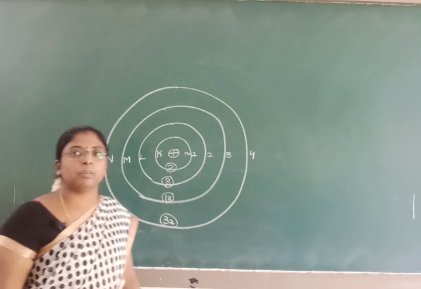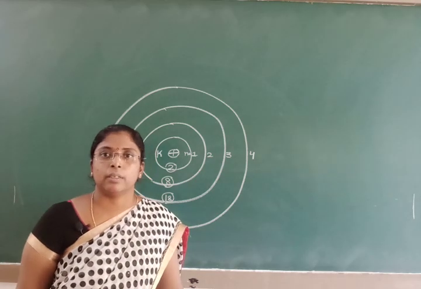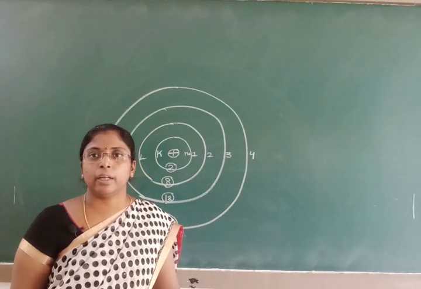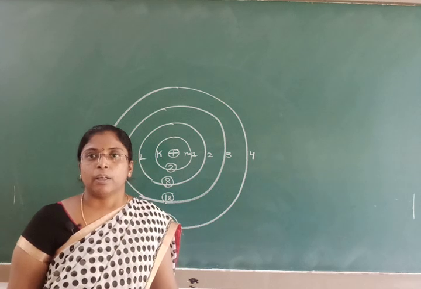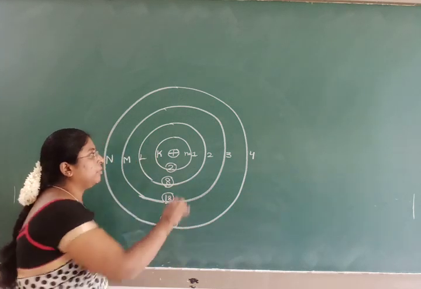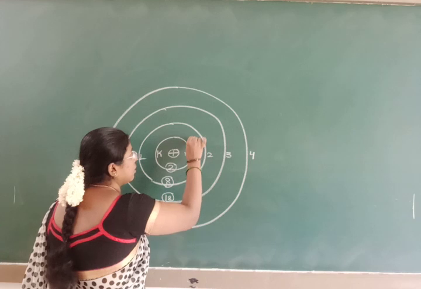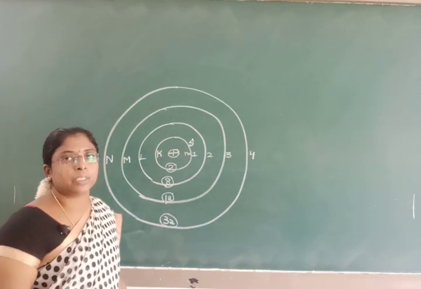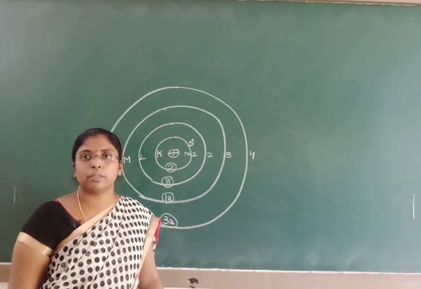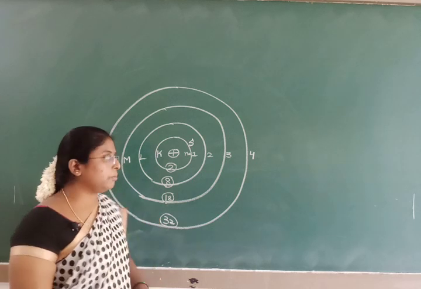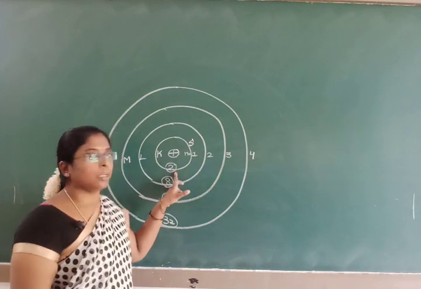The electrons are present in the S, P, D and F orbitals. The first shell has only the S orbital, and the maximum number of electrons it can accommodate is 2.